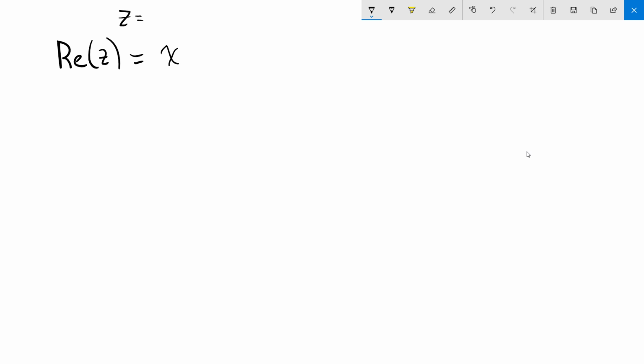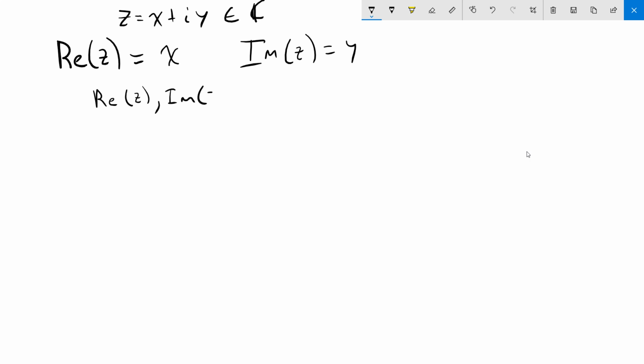If we have a complex number z equal to x plus iy, well then the real part of z is just equal to x, and what we call the imaginary part of z is equal to y. And keep in mind here that both the real part of z and the imaginary part of z are real numbers. Even though we call this the imaginary part, it's a real number, right?